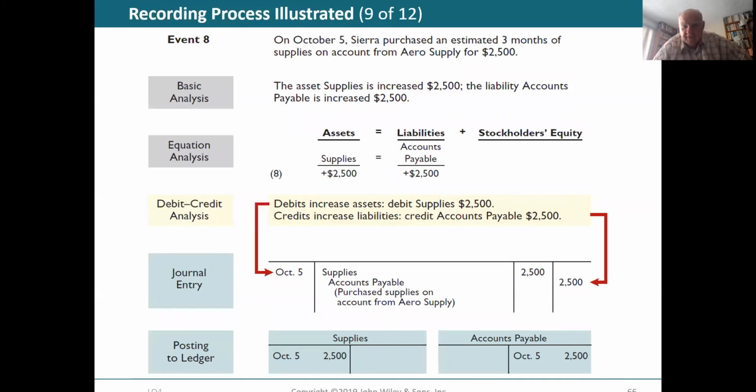Now they bought something on account because nobody had money. So it's going to be either accounts receivable or accounts payable. And since we're the ones buying something, our accounts payable is going to increase. So our supplies went up by 2,500. So did accounts payable.